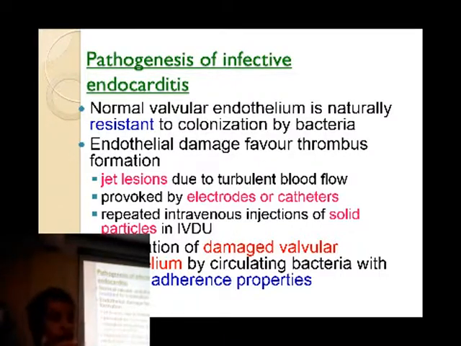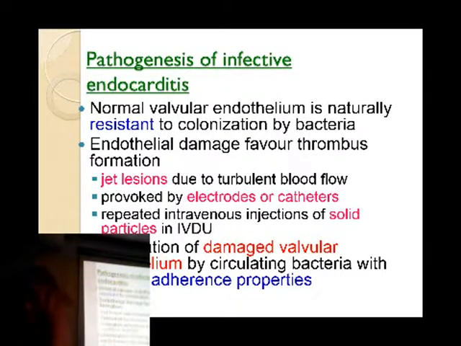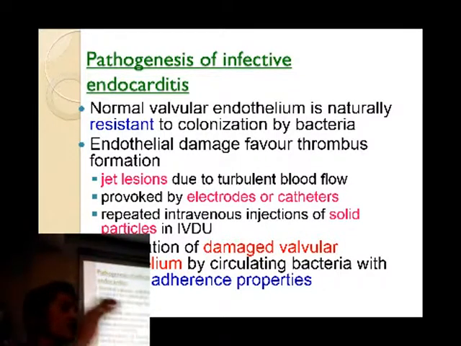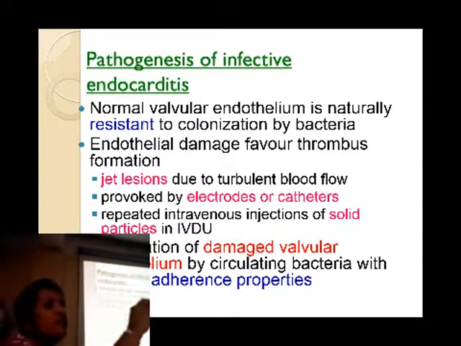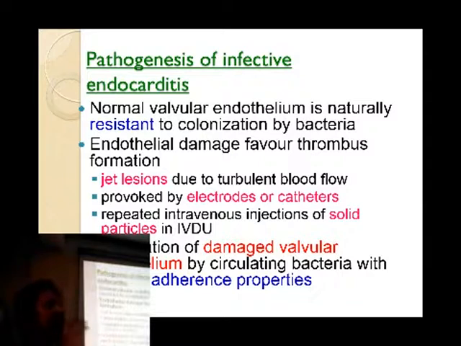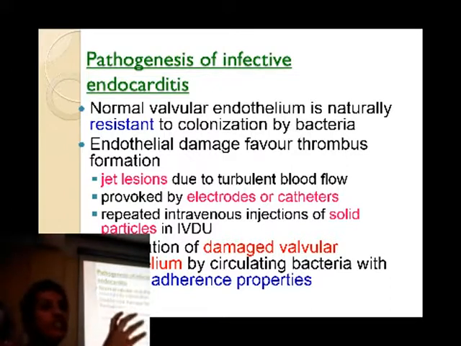But if there is any narrowing or abnormal shooting, imagine if you have a ventricular septal defect, blood shoots from one side to the other side. So this jet flow goes and makes endothelial damage on the opposite side of the ventricle. This continuous jet flow tends to form an abnormal endothelial surface where bacteria can go and deposit with their adhesive properties.